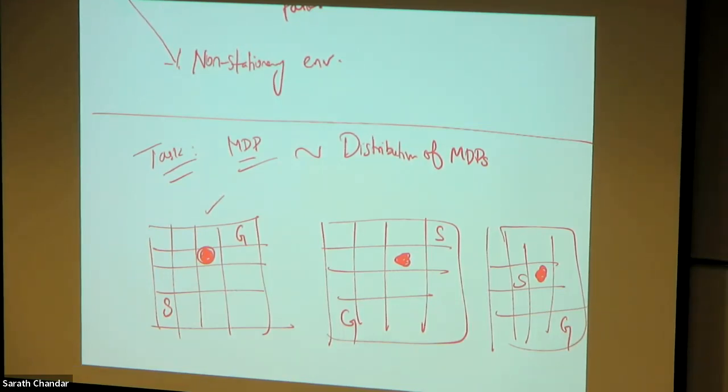Which means we should go for the solution he suggested, the idea of somehow conditioning your values also on the start state and goal state. So now how do I do that?